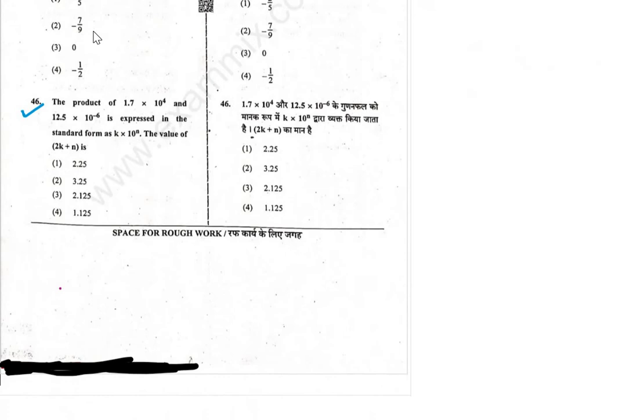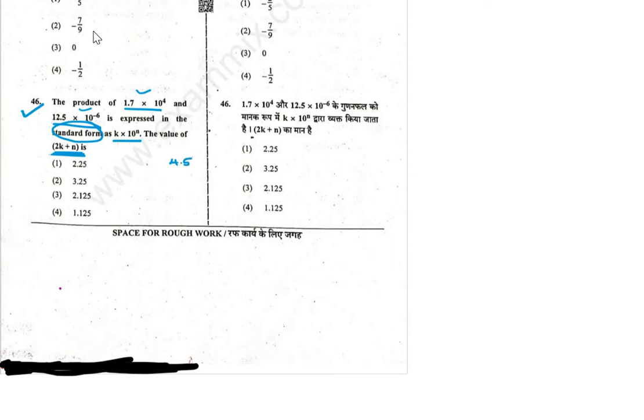Question number 46. The product of 1.7 into 12.5 is expressed as k into 10 to the power of n. What is the value of 2k plus n? First we have to multiply these two and write it in the standard form. In standard form we always keep a single digit on the left side of the decimal.